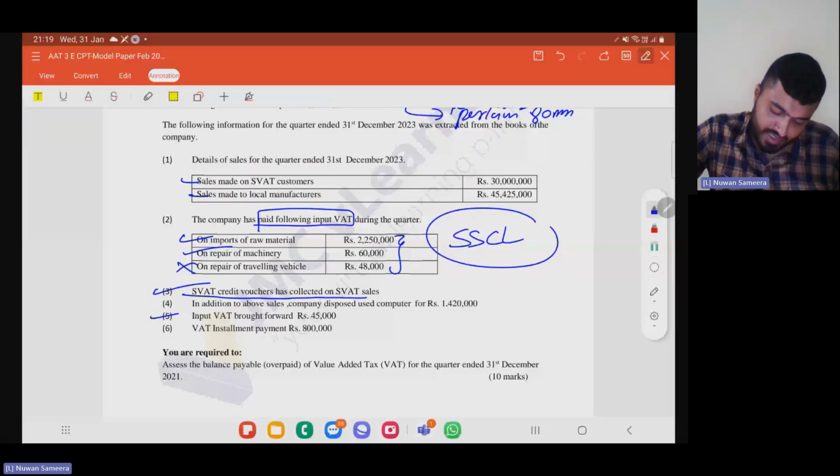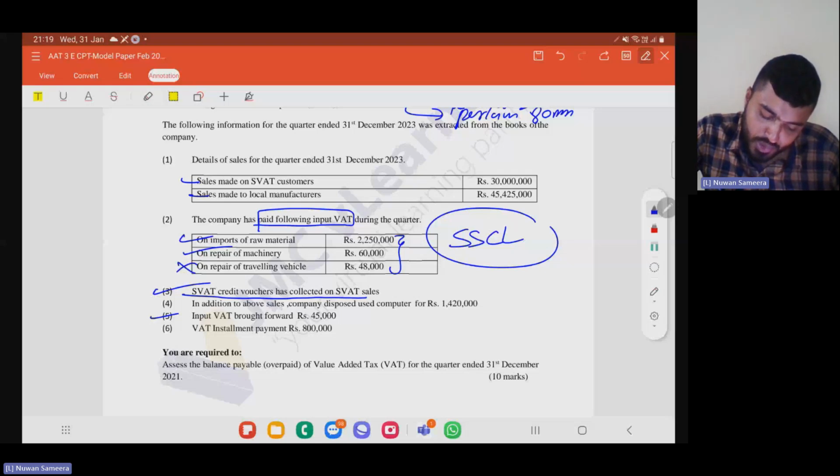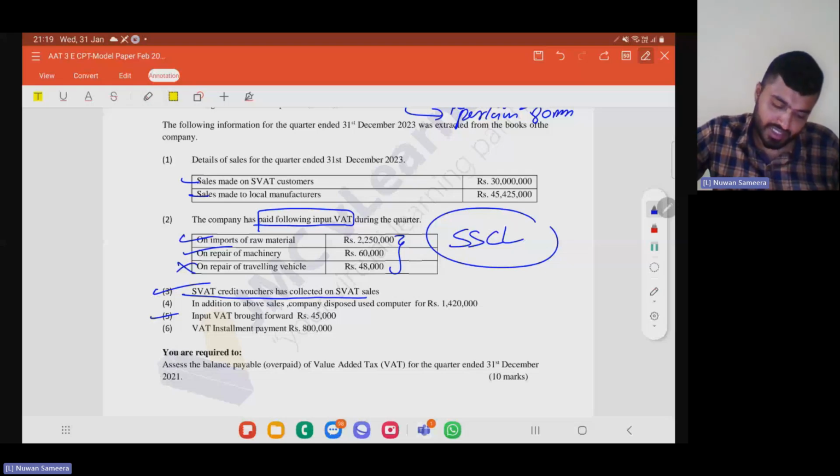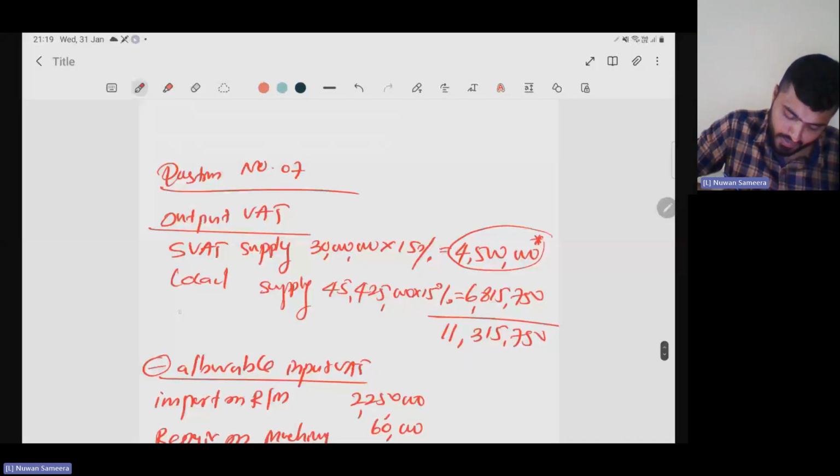So then, I made a mistake. In addition to the above sales, the company disposed of a computer for 1,420,000.